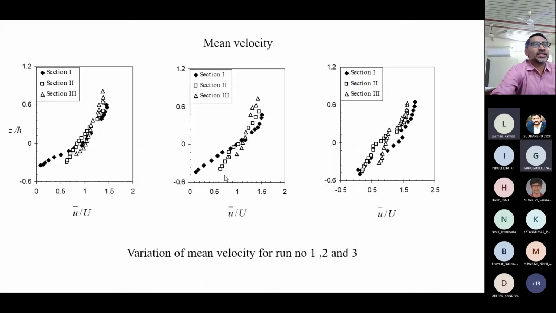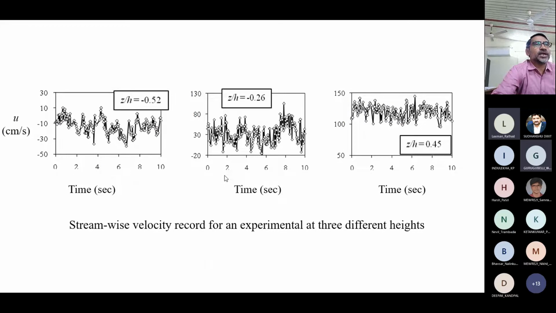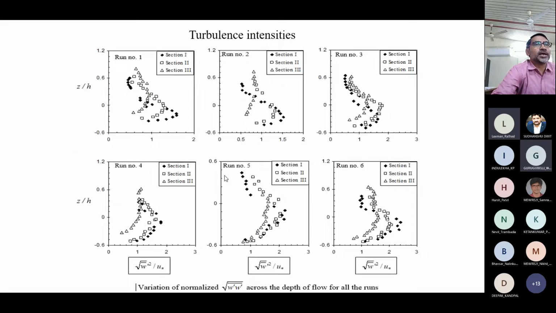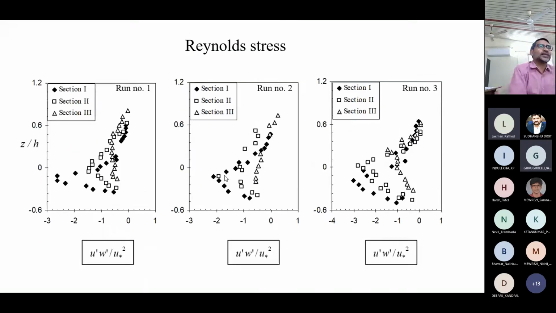Right. So this is the variation of turbulence intensity, and similarly, we can also get the variation of Reynolds shear stress, as you have done in your exercise. That was for one data set. We have done it across the whole depth. In this also you can see in section 1 this is the variation.